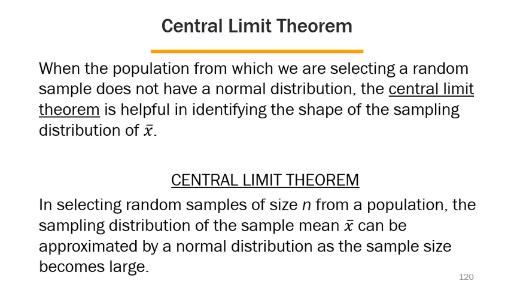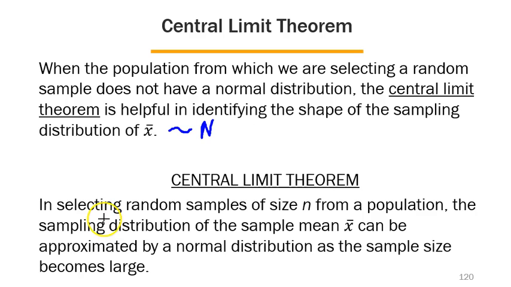This is summarized in what is known as the central limit theorem. When the population from which we are selecting a random sample does not have a normal distribution, it could be uniform, it could be anything, the central limit theorem is helpful in identifying the shape of the sampling distribution of x bar, and that is that it is distributed approximately normal.